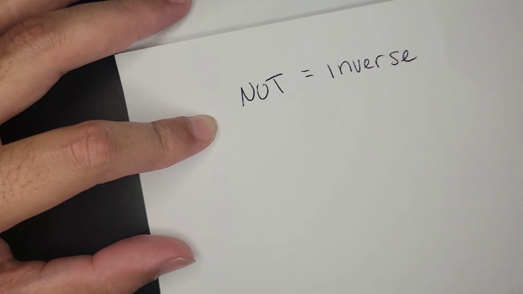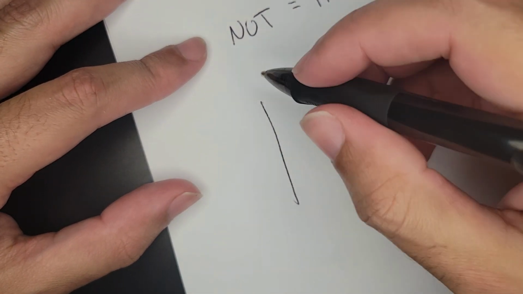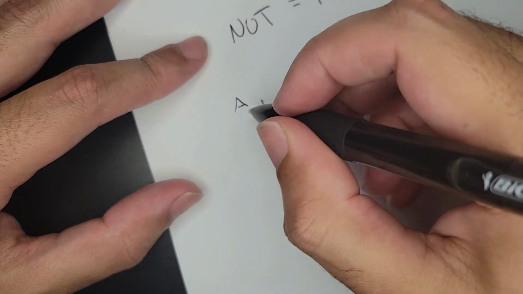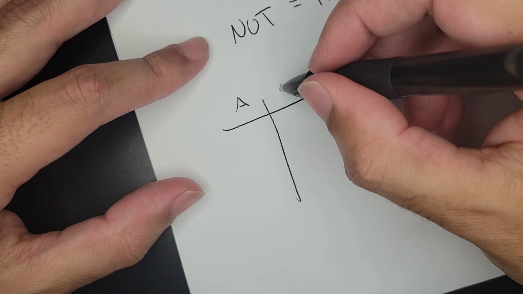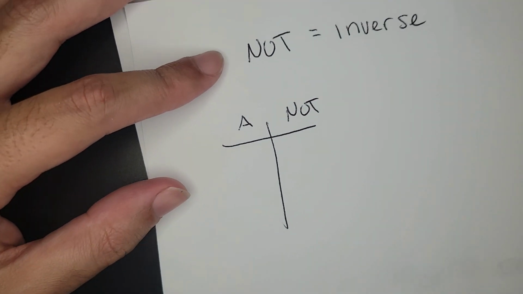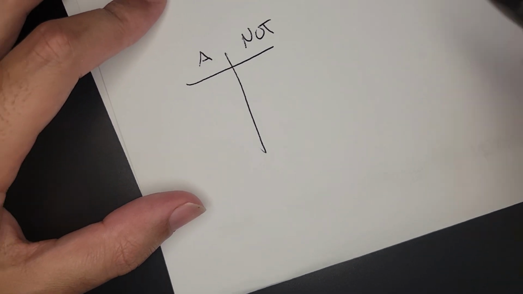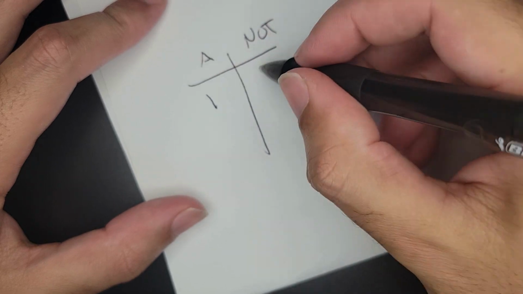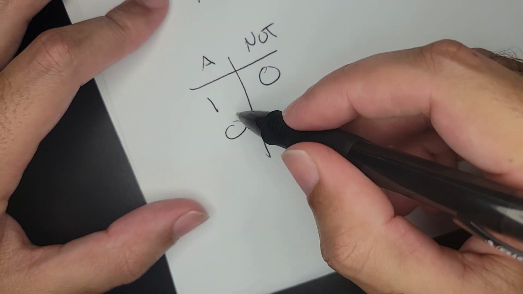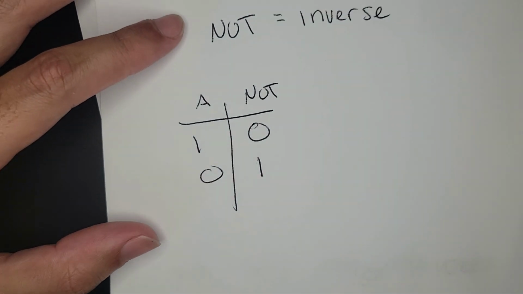Inverse, right? So if we have a signal, let's say we just have one input, and this is the NOT. If we have a 1, then NOT 1 is 0. And if we have a 0, then NOT 0 is 1. And that's all that means.